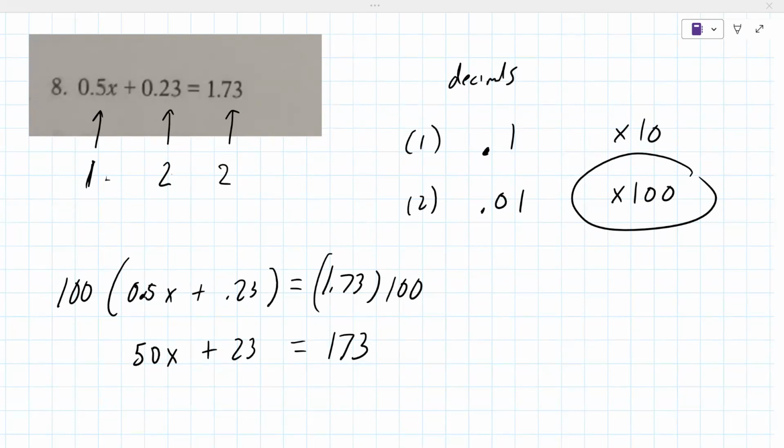I have 50x equals 150. What did we do for the last one? I think we did some division, right? Yeah, we did division. Look back at your paper.